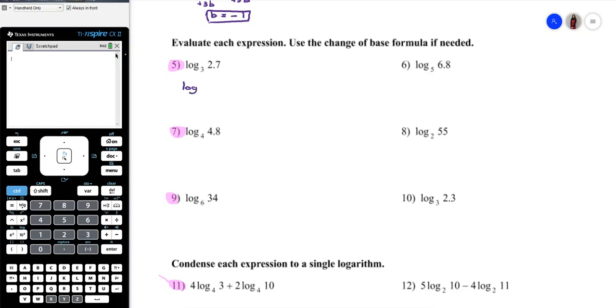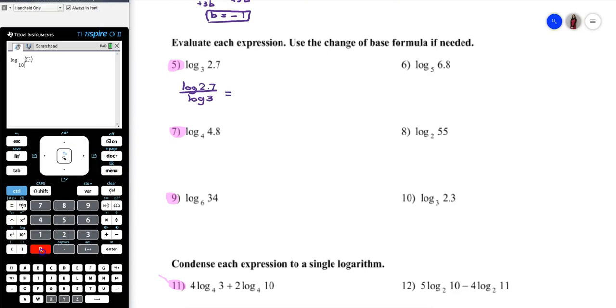So we're going to say that log of 2.7 and put that over log of 3. So now they have the same base, which is a base of 10. So I'm going to go into the calculator and find log.